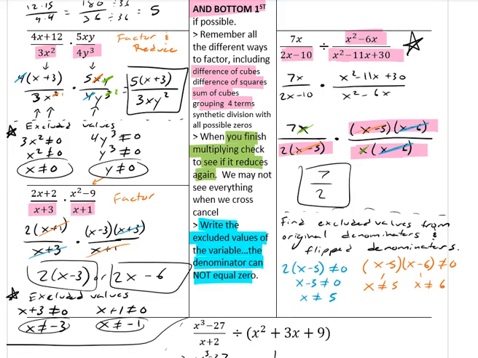And then the last one, which is when you flipped it. X minus 6 cannot equal 0. Therefore, x cannot equal 0 and x cannot equal 6. So all of my excluded values would be 5. We have a 5 again. 6. We have a 6 again. And 0. 5, 6, and 0.